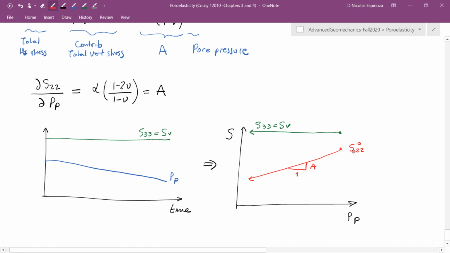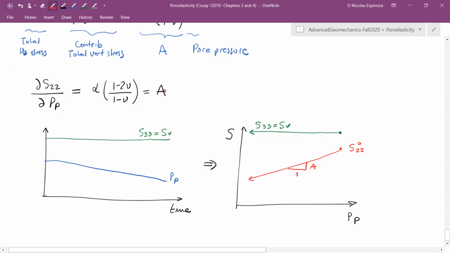Okay. What this equation now is telling us is that, let me rewind a little bit, I forgot to say what the value of A is. We know the Biot coefficient is positive. We know that the Poisson ratio is positive. So this parameter A is actually going to be a positive number, which means that lowering the pore pressure is going to lower the total horizontal stress.